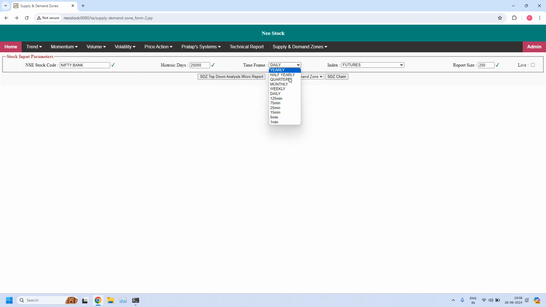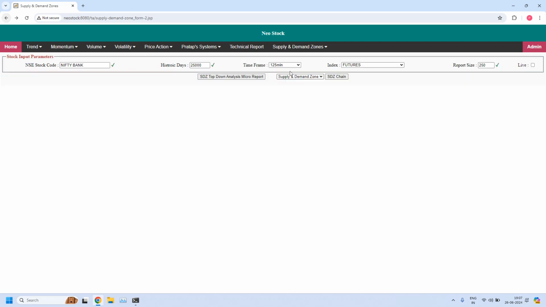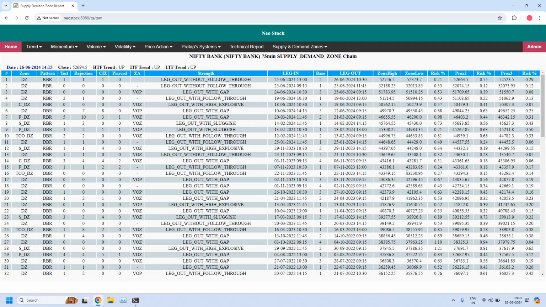Next time frame I am changing to 125 minutes, generating the 125 minutes supply demand zone chain. So I am going back and changing the time frame to 75 minutes and I am generating the 75 minutes supply demand zone chain for Bank Nifty. And a 75 minute zone is created today, a daily demand zone, and already tested this zone.